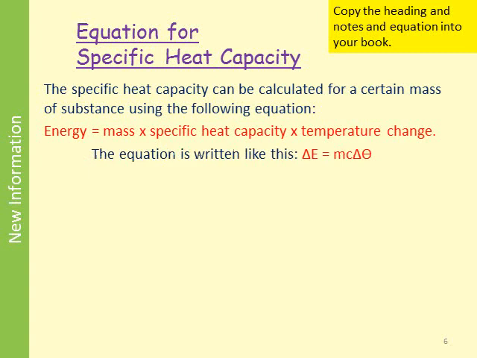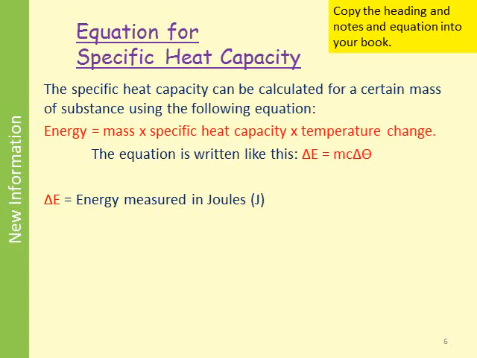So this is how we write the equation. Now these triangles here, delta, are representing change. So delta E, change in energy. Sometimes you might just see it written as E.